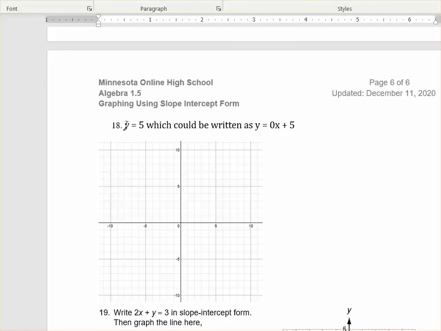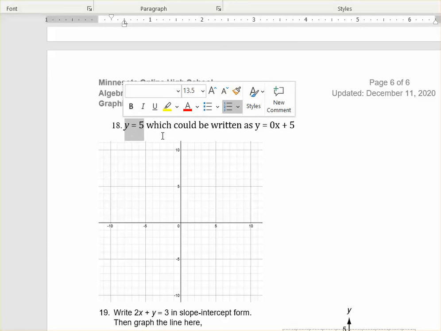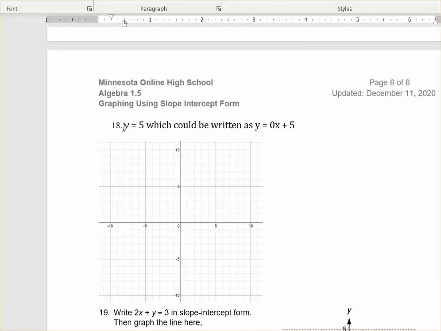And if you remember earlier, we talked about the equations of horizontal lines. All horizontal lines have the form y equals and then some number. So this will be a horizontal line going through at y equals 5. So I'm just going to grab a line. I don't really need points for this one because I know that it's going to go through the y-axis at 5, because that is the y-intercept.